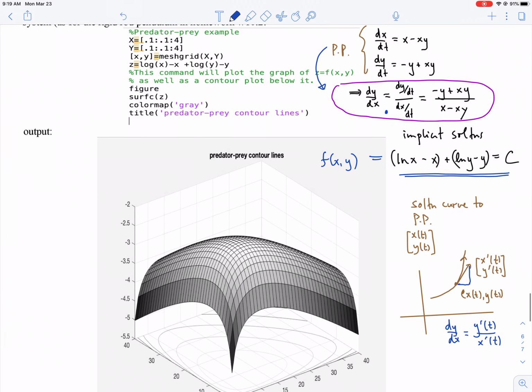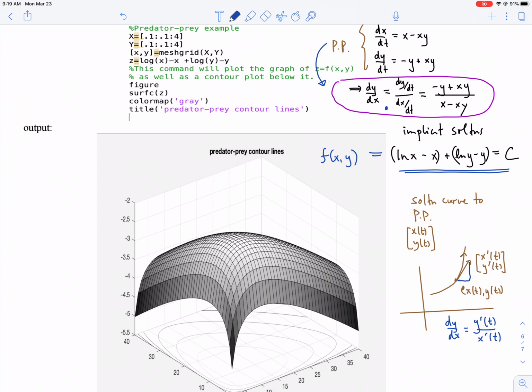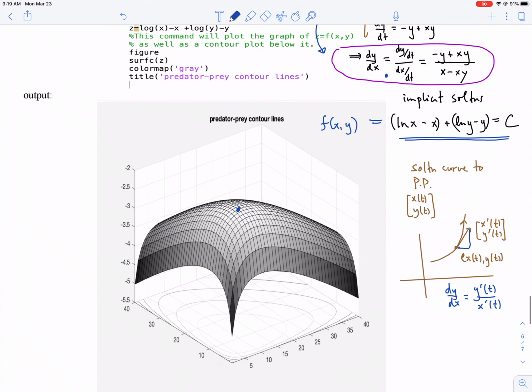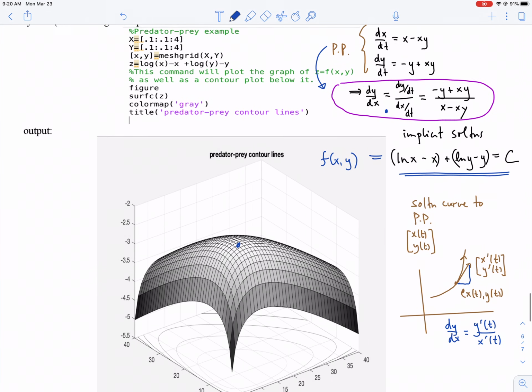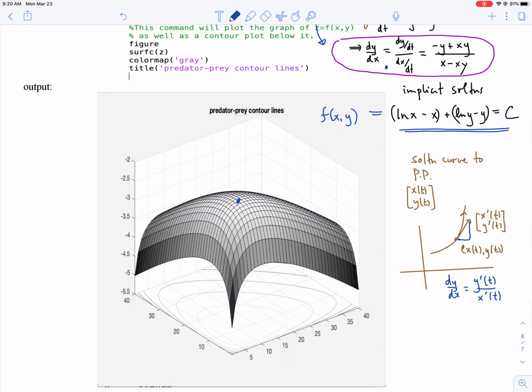If your function happens to have an extreme value at the critical point, then if you start close to that critical point, your level curves will have to stay close to that critical point. If you have a strict local maximum, and the reverse goes for a strict local minimum. All right, so anyway, in this picture, here is a graph of f of xy.